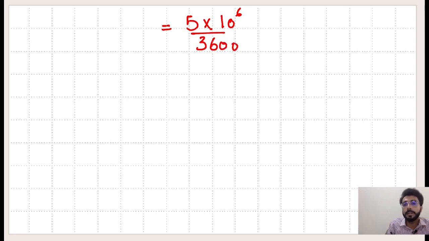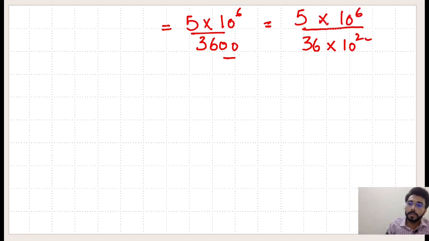You can also write this 3600 as 36 into 10 raised to power 2. Because there are two zeros, we can write this in form into 5 into 10 raised to power 6. To move this in numerator, it will become 5 into 10 raised to power 6 minus 2 divided by 36.